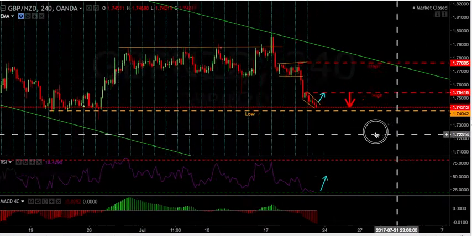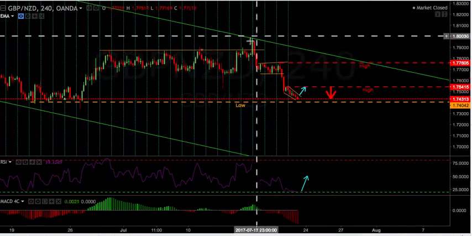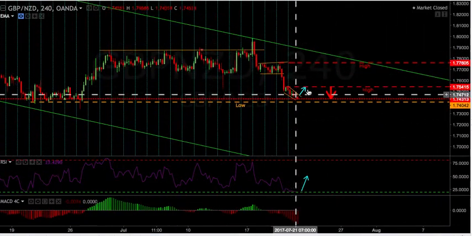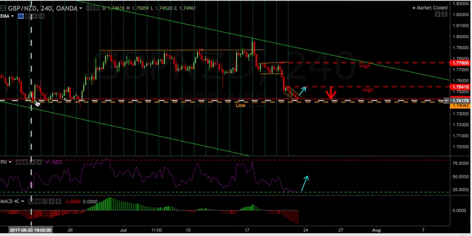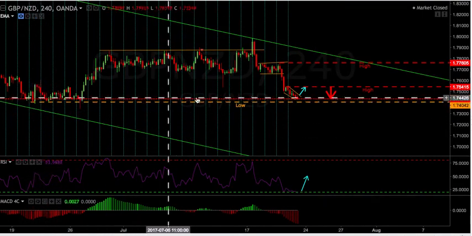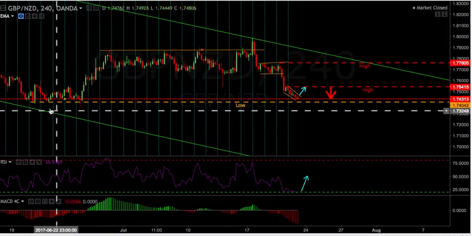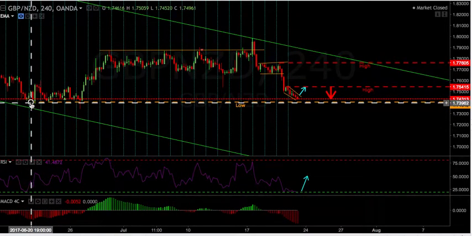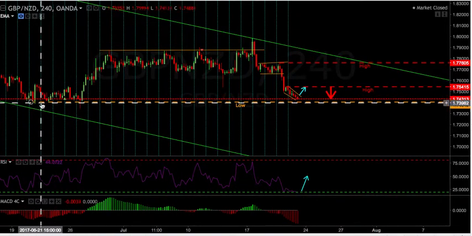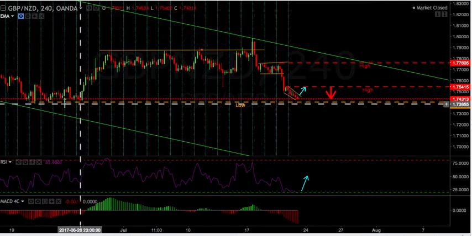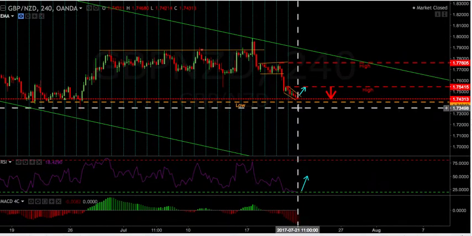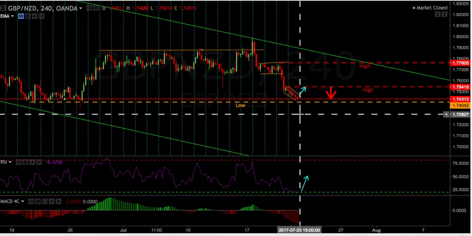Okay, as you can see, here's the larger pattern. Here was the bounce. We are still moving down, but these lows here will come into play. Remember, I told you about how the lows and the highs work. Below this low point, there are stops.